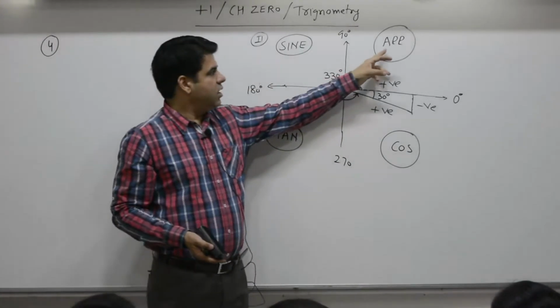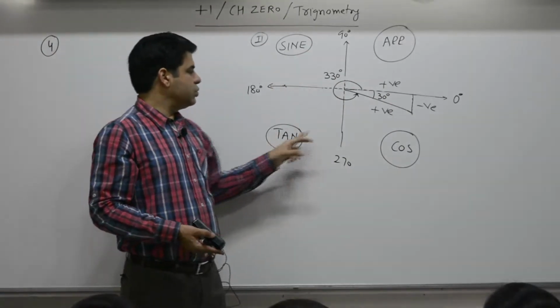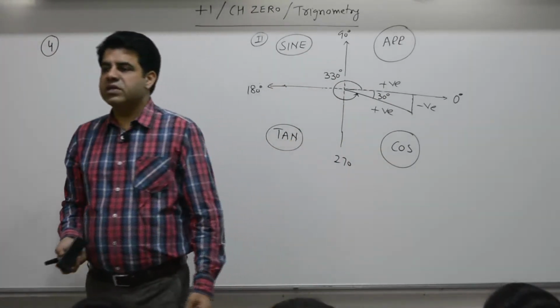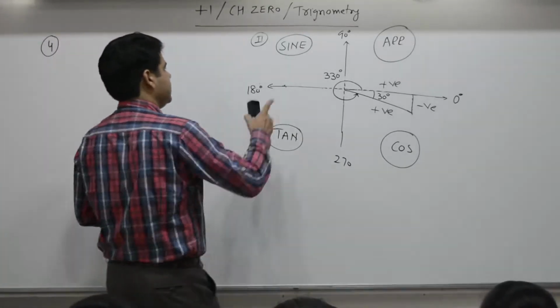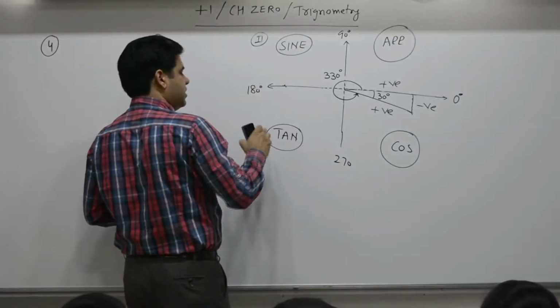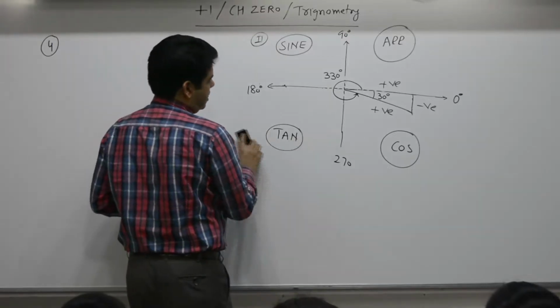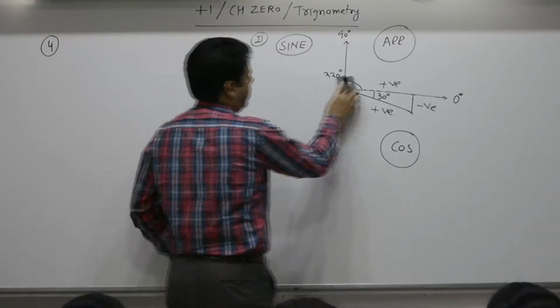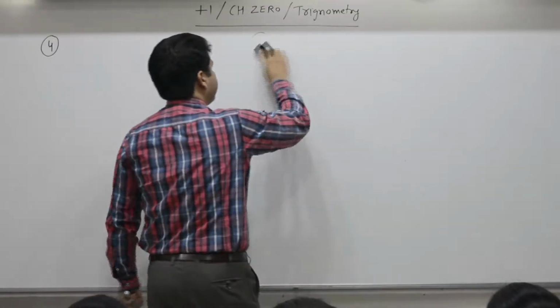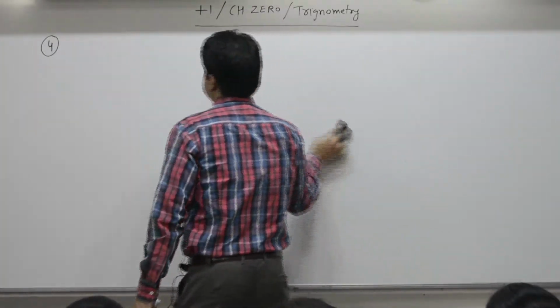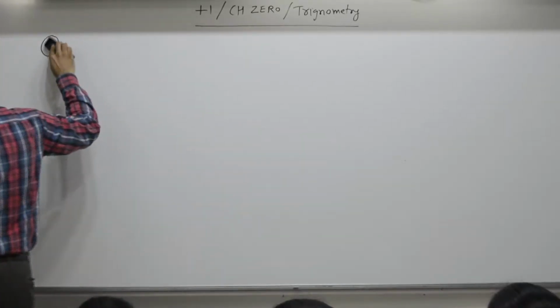And this principle, after school to college, will give you the sign. In the first quadrant all are positive, in the second quadrant only sine is, then third, fourth. This was point number 4. Fifth.